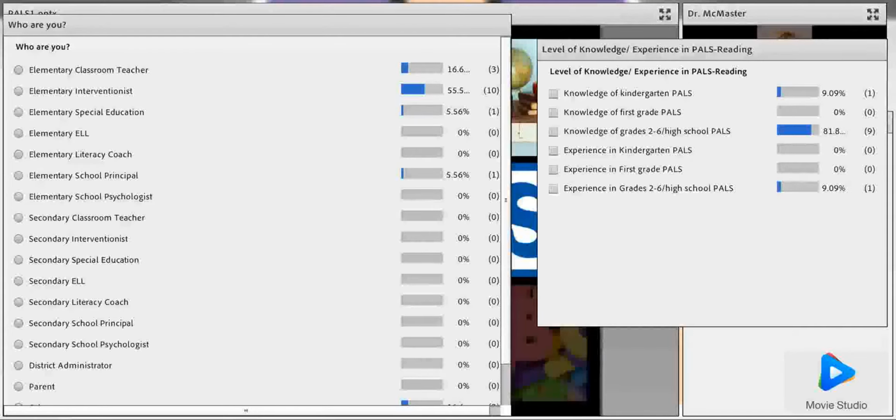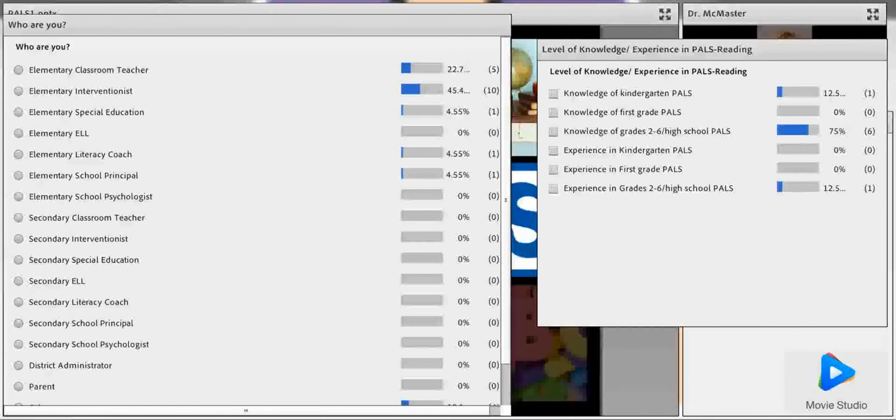Now, before we get started, on your screens you should see 2 polls, and some of you are already answering that. I'd be really interested to know who you are, whether you're a classroom teacher, an ELL specialist, a reading specialist, an administrator. You can see all the different options there. And then also if you could let me know what you know about PALS, if anything, if you have any experience or some knowledge. And I see that there is quite a bit of knowledge and a little bit of experience, so that's great.